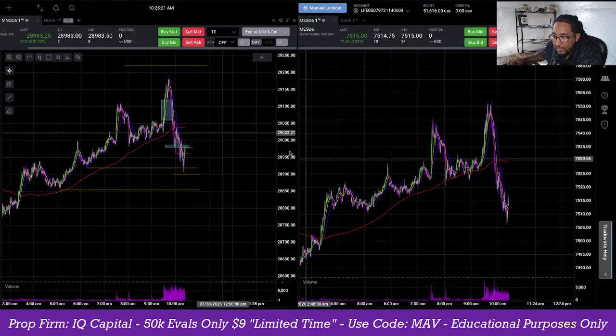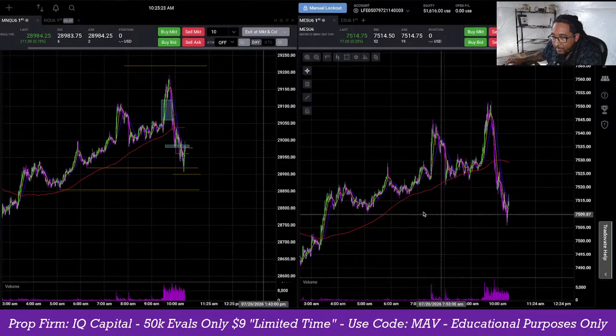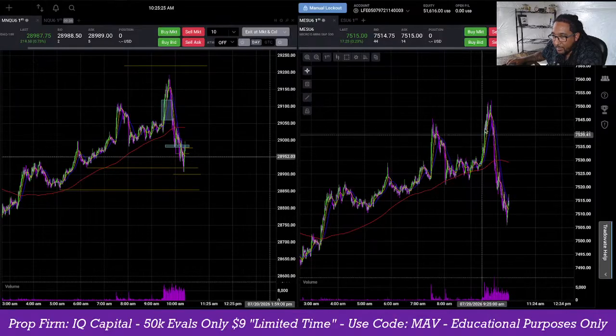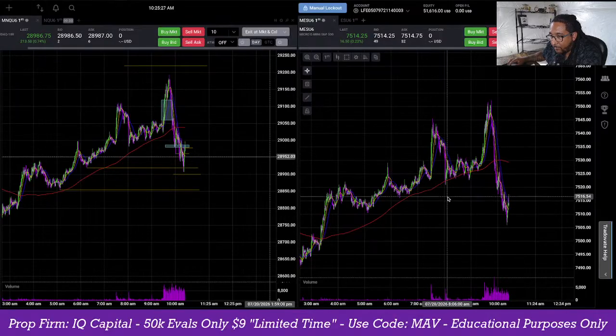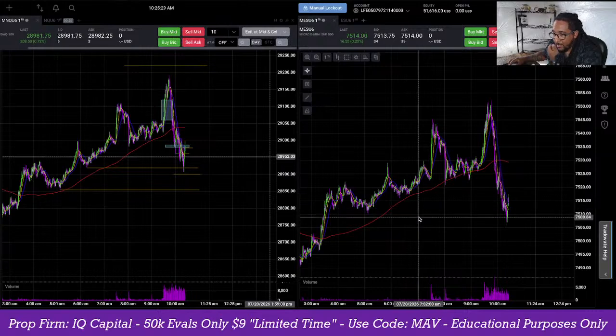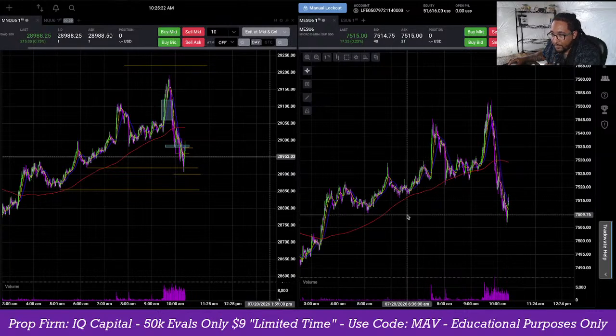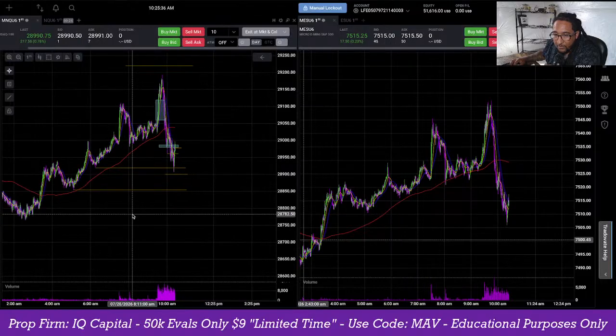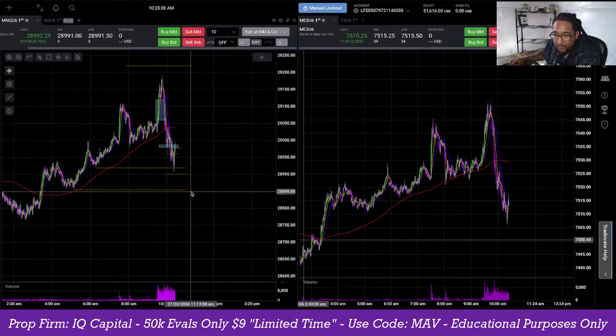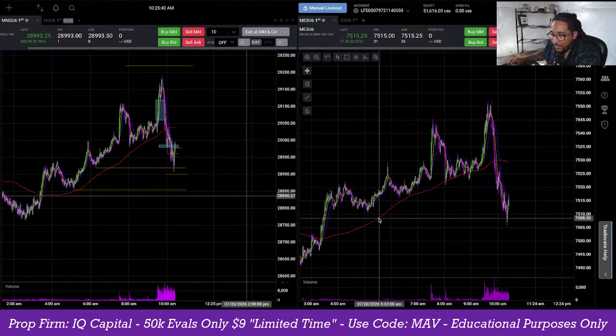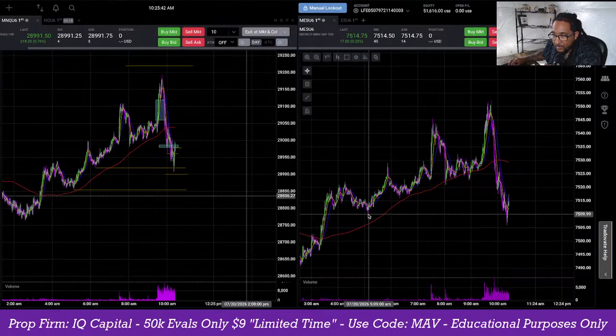Right now it looks like ES is a little bit more bearish than NQ, just based on how far below these lows it's closed. So it looks like we've swept most of this sell side liquidity on both ES and NQ. We haven't, of course, gone to this area here.